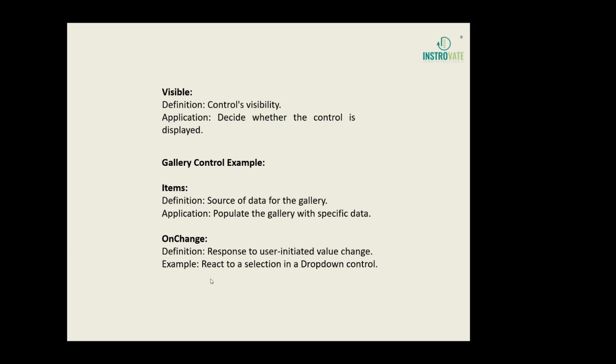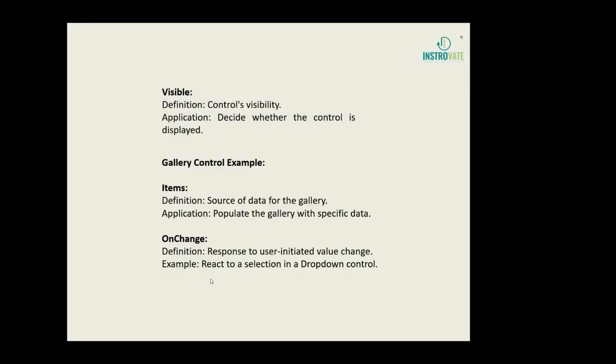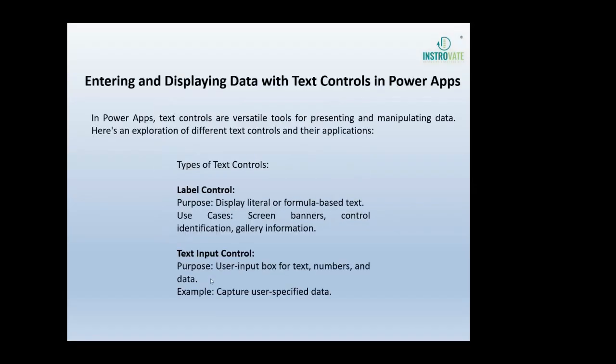Gallery control examples: Items is the source of data for the gallery. OnChange is the response to a user-initiated value change. Then there are OnSelect, Reset, and Visible. These are all gallery control examples, and you can change these properties according to your need.